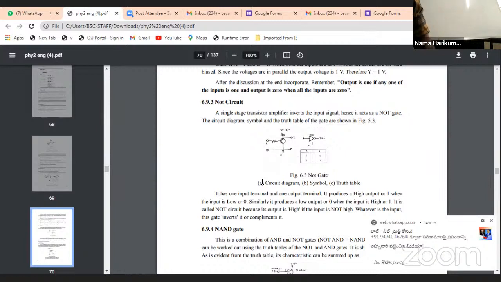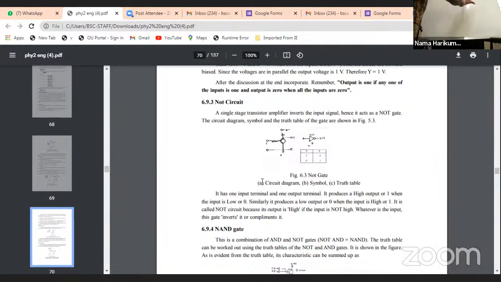Let me say the symbol of the NOT gate. The NOT gate symbol has a bubble. The input is A and the output is A bar. A and A complement. Complement means the opposite value, the other value. That is nothing but a complement.